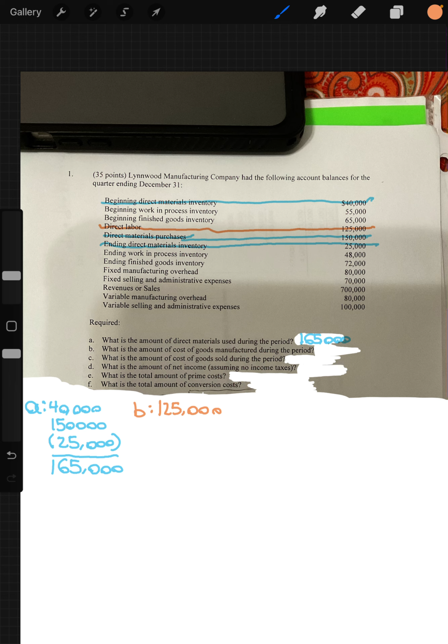Then we need fixed manufacturing overhead. Right here. And that is 80,000. Then we're going to get variable manufacturing overhead. It's right here.